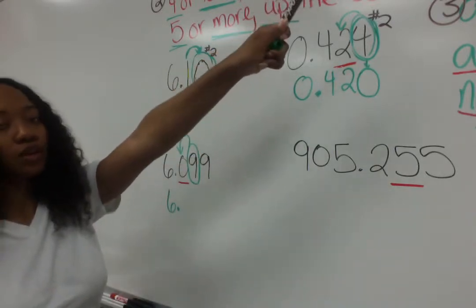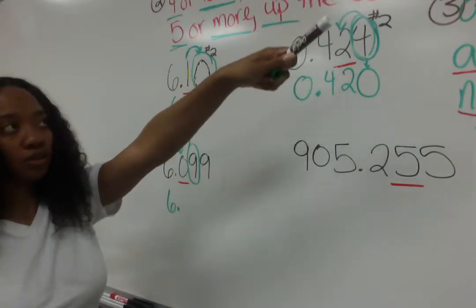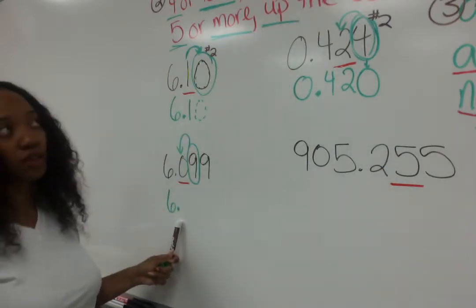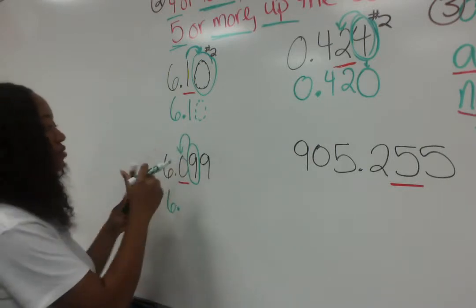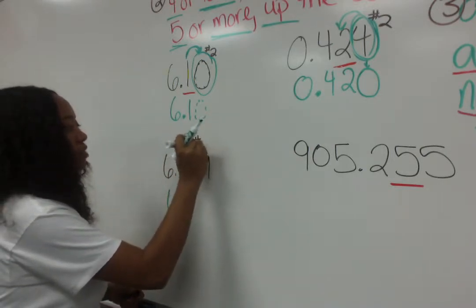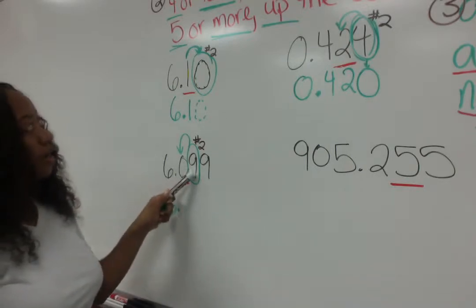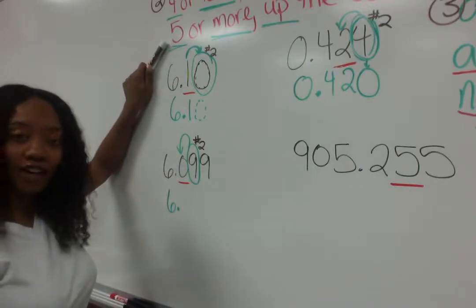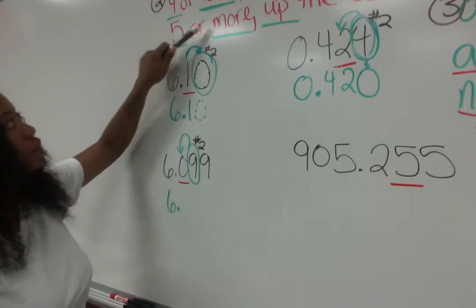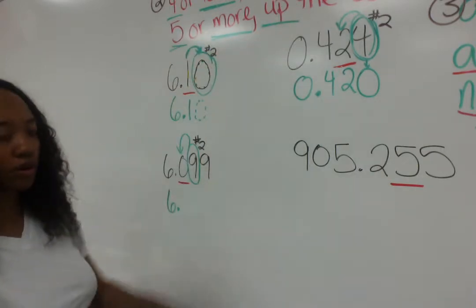Rule number 1, any number before the underlined number you keep. We did that. Rule number 2, I use it for the circled number. 9 belongs in, finally, the second one: 5 or more, up the score.